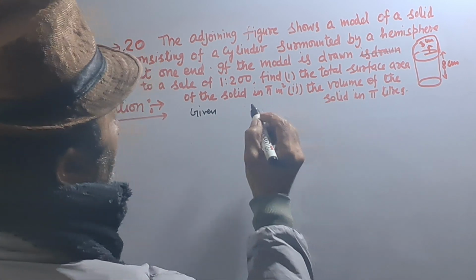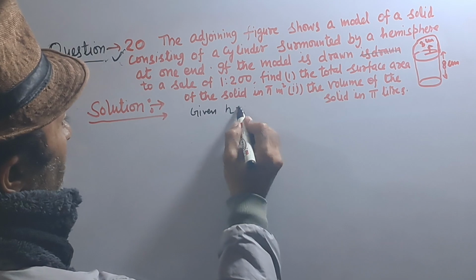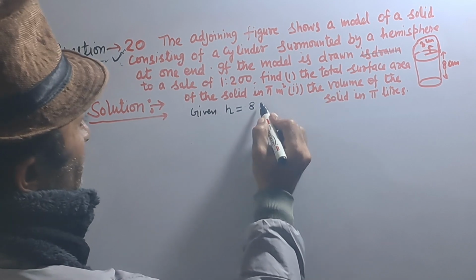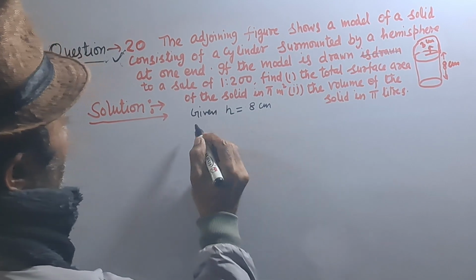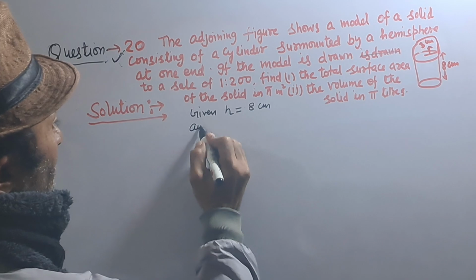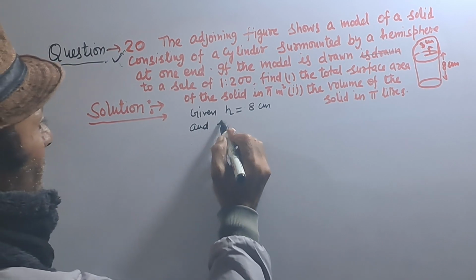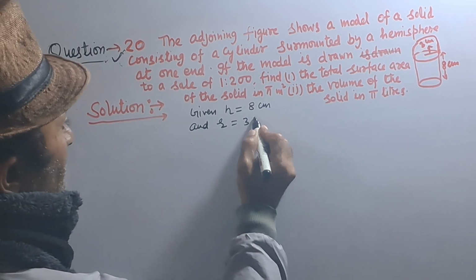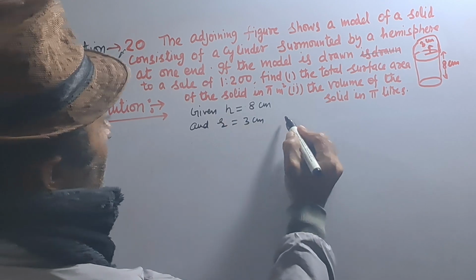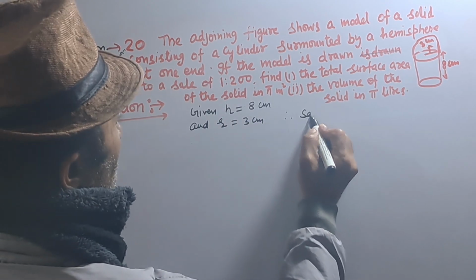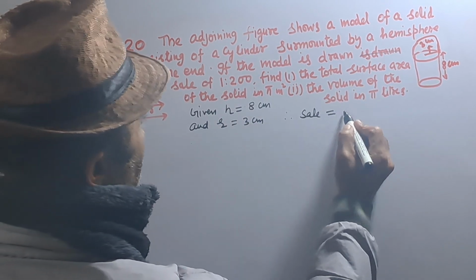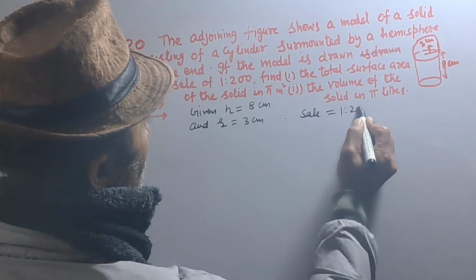Given height is 8 centimeter and radius is 3 centimeter. Scale is equal to 1:200.